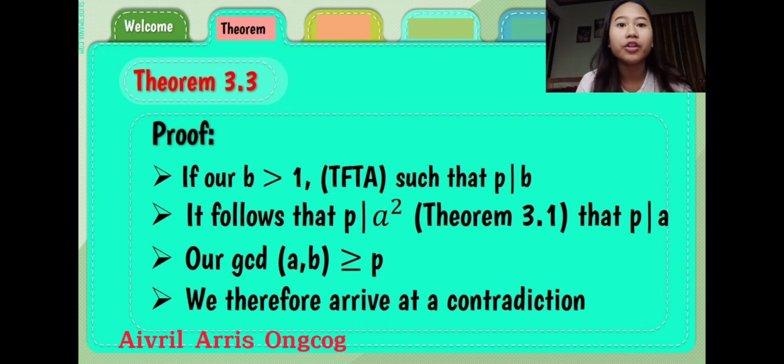Recalling Theorem 3.1, if p is a prime and p divides ab, then p divides a or p divides b. So it was discussed a while ago. Hence, the GCD of a and b is greater than or equal to p. We therefore arrive at a contradiction.